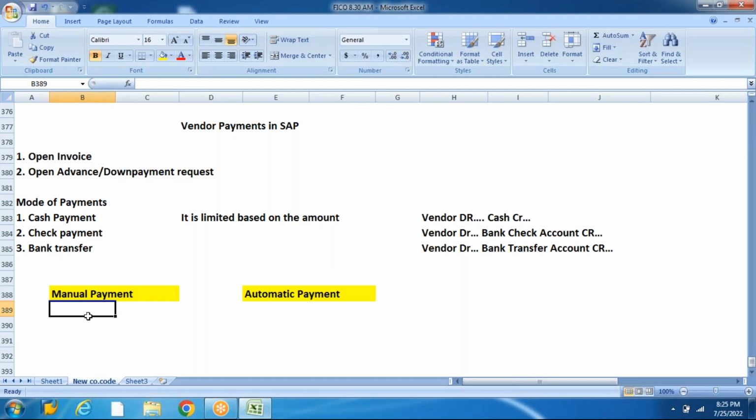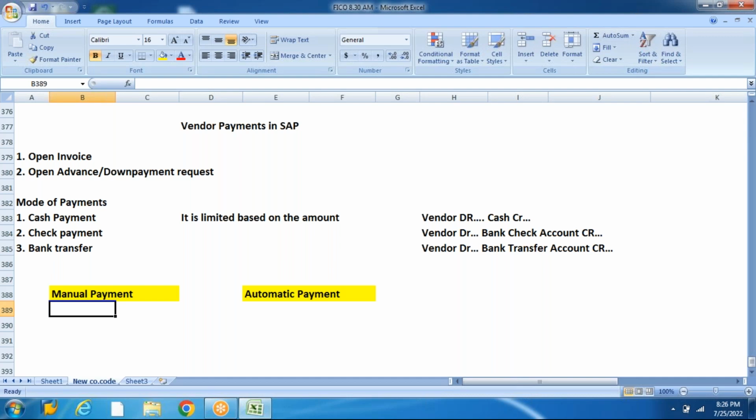They may say that we will make the payments once in every 2 days, or twice or thrice in every week. They may say that every Monday, every Wednesday, every Friday, we will have the payments. Yes, sir. Because when you want to make a payment, your payment will have to be authorized.